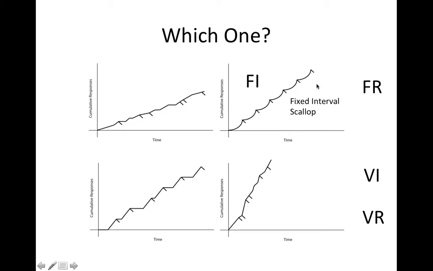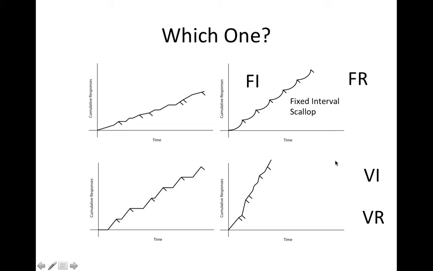So FR. Now FR, fixed ratio, means that a fixed number of responses occurs between reinforcement. So what we need to look at then here is this y-axis, is the space in between reinforcers along this y-axis dimension. Is that fixed? It's not fixed here, it's not fixed here, but if you look here, it is fixed.